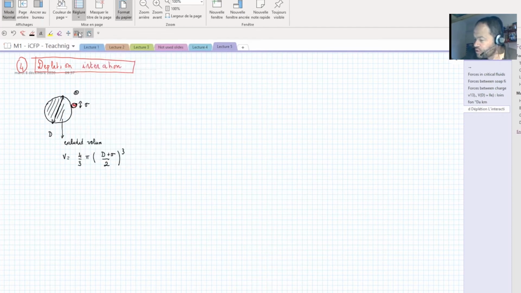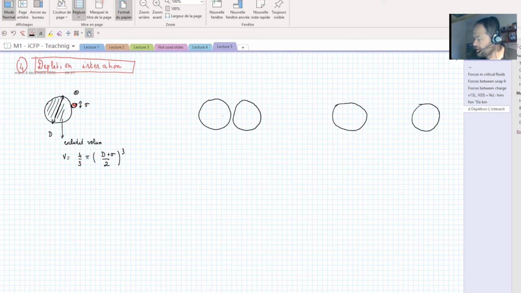So what is interesting is, what happens if I approach two big particles? So what is the excluded volume of two big particles which are at a distance r which is smaller than d plus sigma? Here we have r larger than d plus sigma.